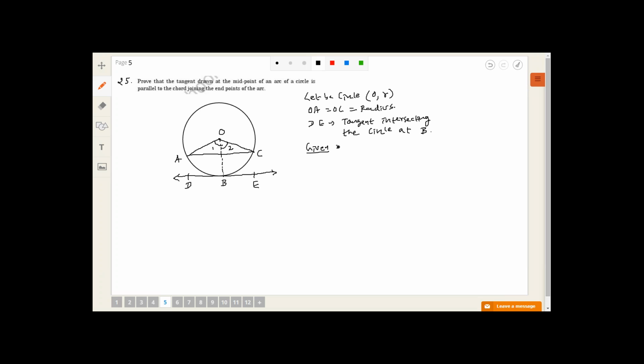Now it's given that arc AB is equal to arc BC. To prove, we need to prove that AC is parallel to DE.